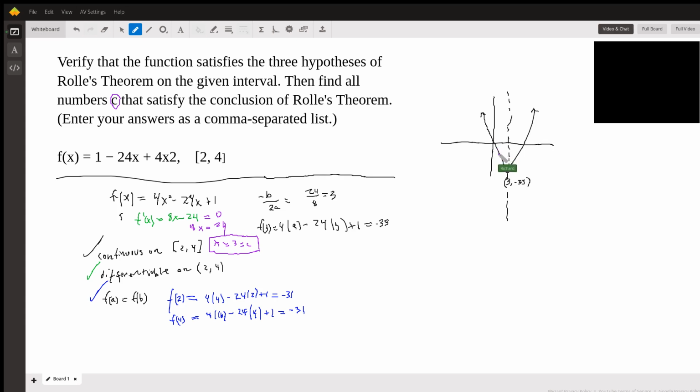In our case it was 2 and 4. Here is 2, and 4 here, with a y value of negative 31. So this intersects at 2, this intersects at 4. There are two x values for which the function has the same y value, in this case negative 31.